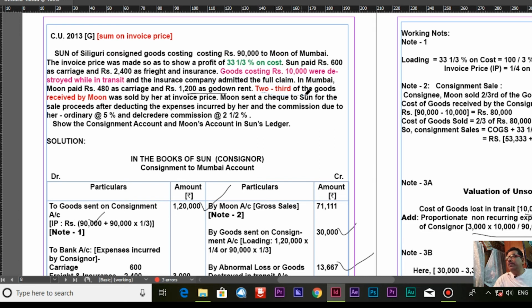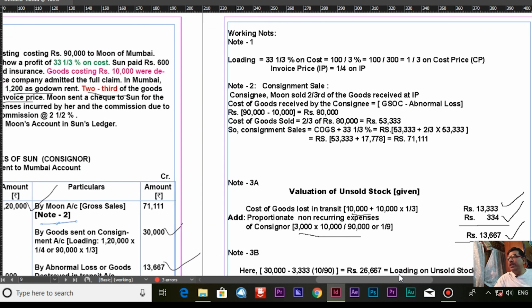Next, two-thirds of the goods received by Moon was sold by her at invoice price. At invoice price. Naturally, I have to calculate the actual sale proceeds. Note number 2 is given, and see note number 2 here, consignment sale. Consignee, that is Moon, sold 2/3 of the goods received at IP.